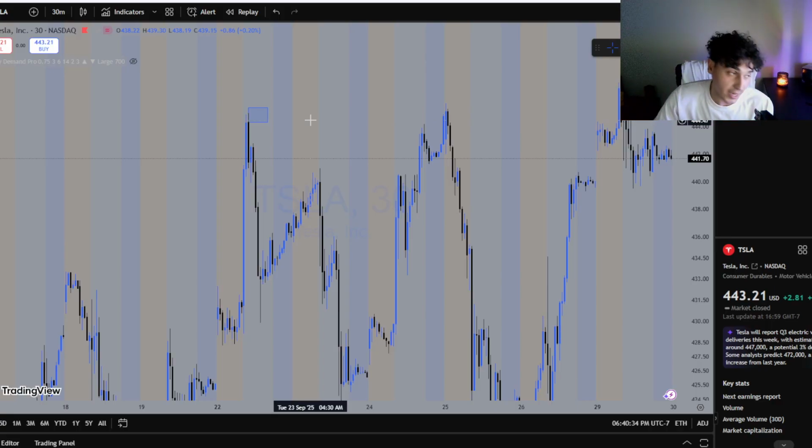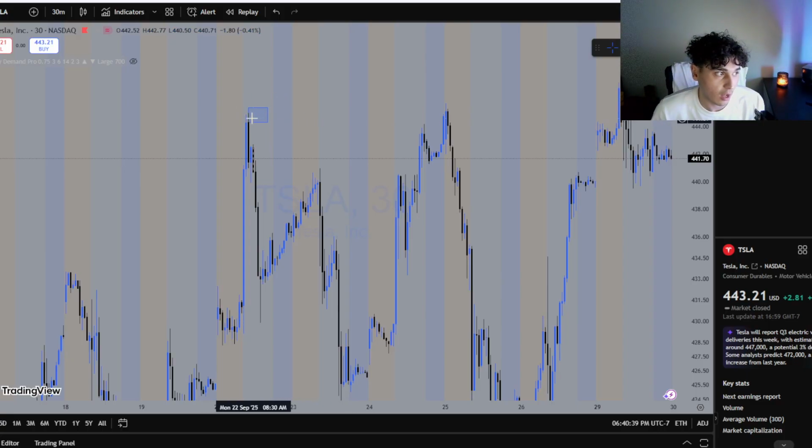But for supply zones, which are going to be our selling zones, we want to mark out the top wick. So boom, we have this high being created, also then led to the strong move to the downside, obviously indicating strong amounts of sellers stepping in. That's exactly what we want to look for and mark out.